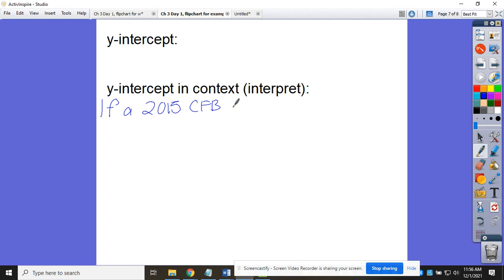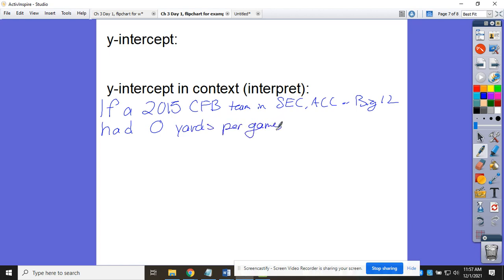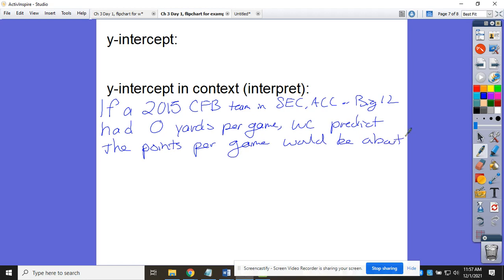For a 2015 college football team in SEC, ACC, has 0 yards per game, we predict it to be about negative 11.1085.